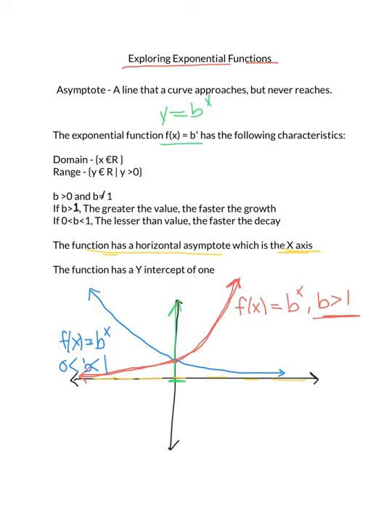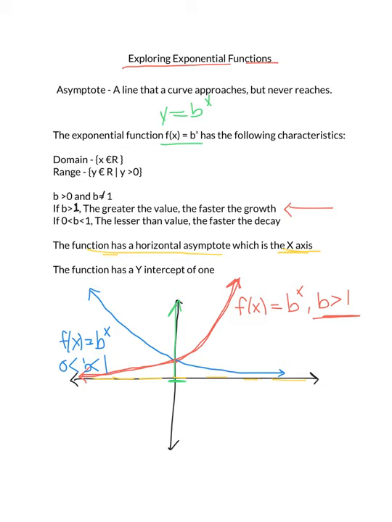So if we had 2 to the x, or 7 to the x, or 10 to the x, all of those would be starting on the left and ending top right. Now, I do mention here, the bigger the number, the faster the growth. So basically, the higher the number, the steeper the line will be.